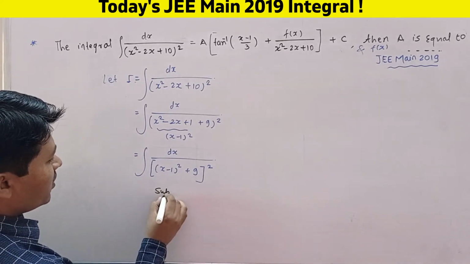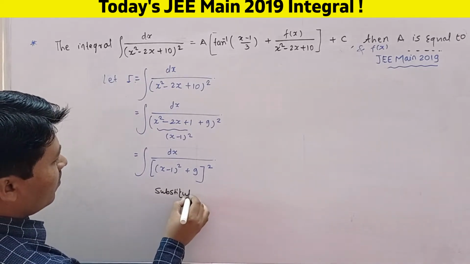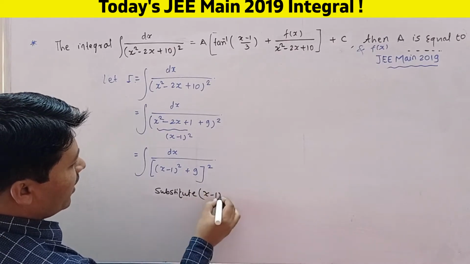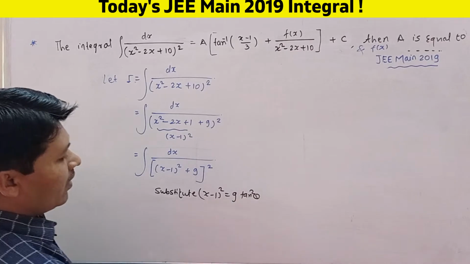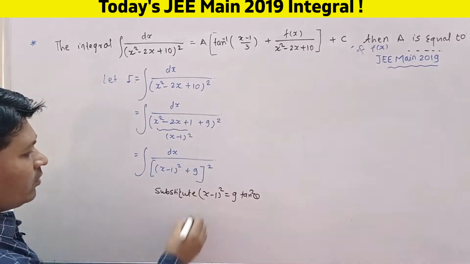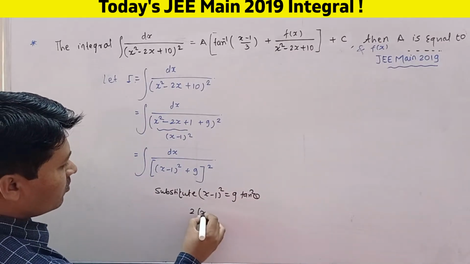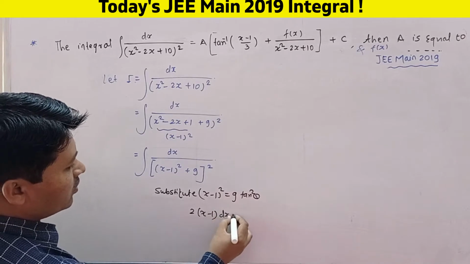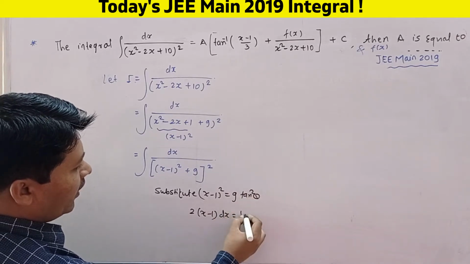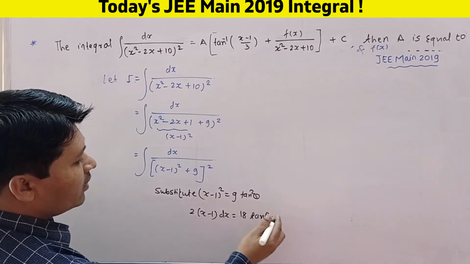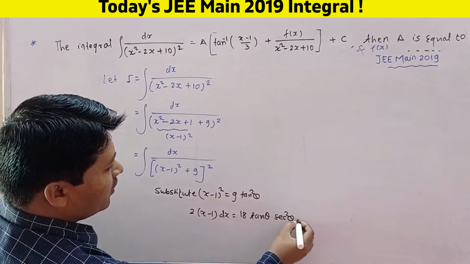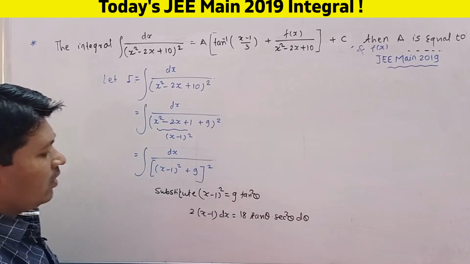Substitute (x − 1)² equal to 9 tan²θ, and differentiating, we get 2(x − 1) dx equal to 18 tanθ sec²θ dθ.